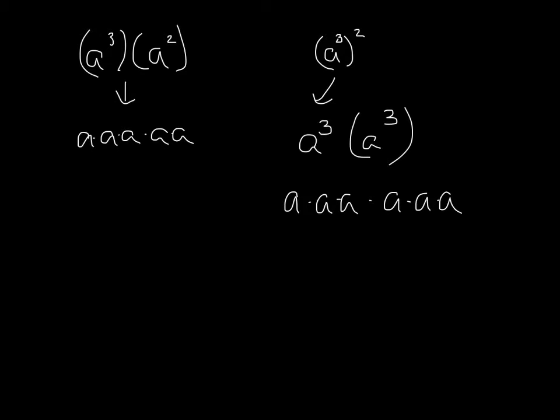So again, remembering that this is multiplication, we're going to add our exponents. So here I do a to the 3 plus 2 equals a to the 5th. But when it's multiplication, you add the exponents. But when we have an exponent on an exponent, like here on the right, here it's an exponent amplifying an exponent.